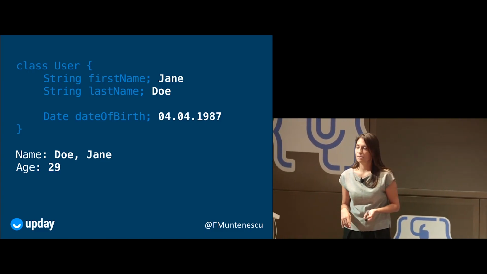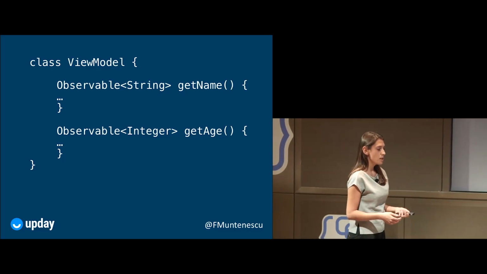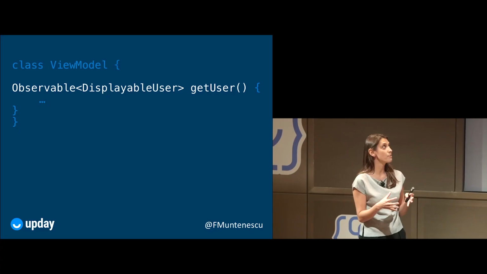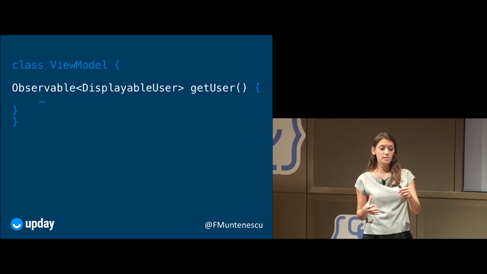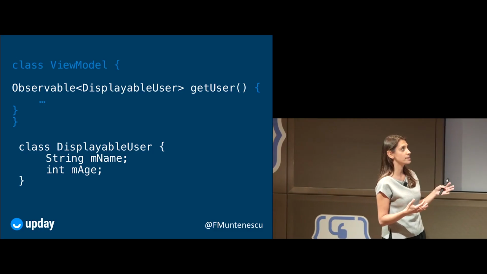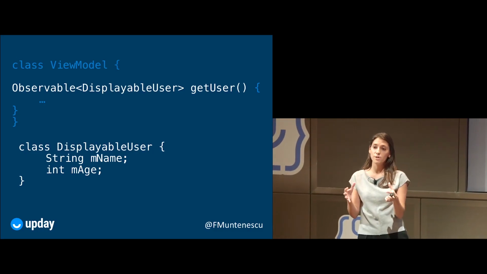Probably at the beginning, you would be thinking that, well, that's simple. We just expose two observables, right? One for the name and one for the age. But actually, what the view model does is expose a state of the view. So we should just encapsulate these two elements into only one field, in a displayable user, for example. Like this, the view model exposes a model for the view in the app.